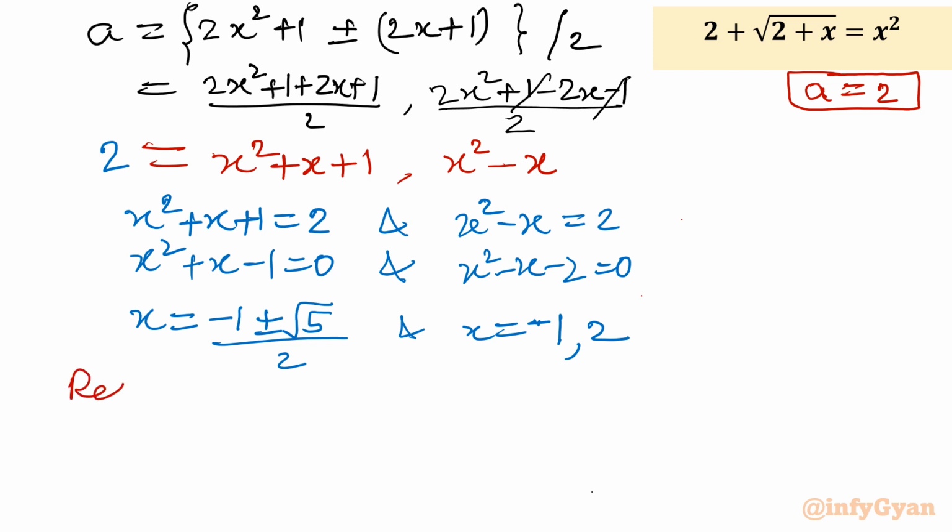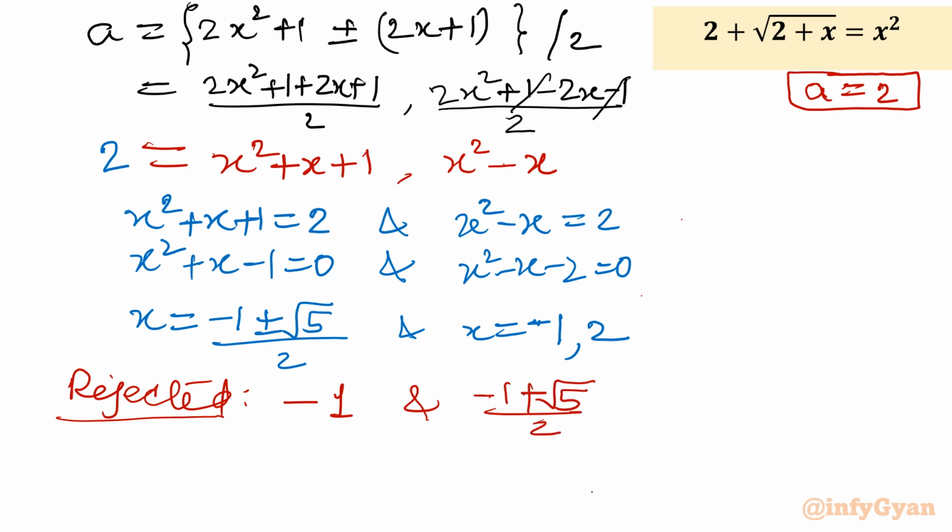Let me write the rejected solutions because they are extraneous solutions. The rejected ones are negative 1 and negative 1 plus root 5 over 2. So finally our solution becomes, you can put the value and cross check if you want, accepted solutions are 2 and negative 1 minus root 5 over 2.